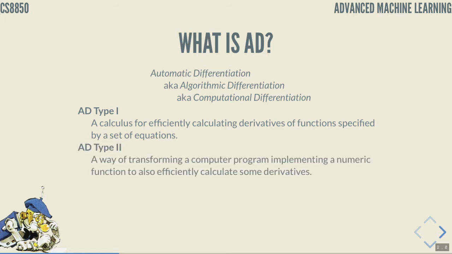AD type 2 is a way of transforming a computer program implementing a numeric function to also efficiently calculate some derivatives. So think about your neural network. Your neural network in its forward path computes a number, so it implements a numeric function.